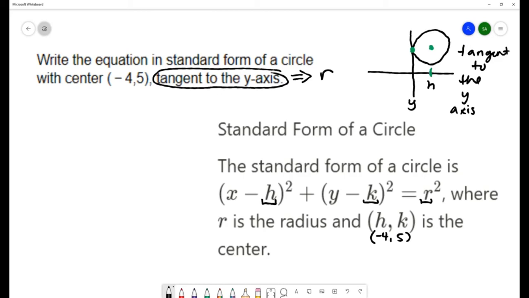And h is how far away we are from the y-axis. And that's going to be how far the center is to this point, that value of h. So that's going to help us figure out the radius of this circle. So let's draw the picture for this circle. We know that the center of the circle is (-4, 5).